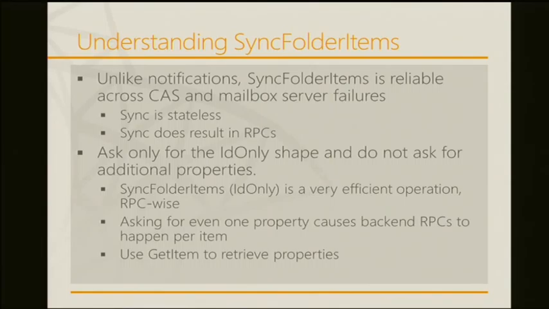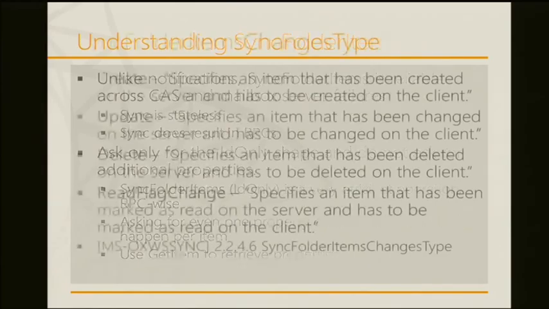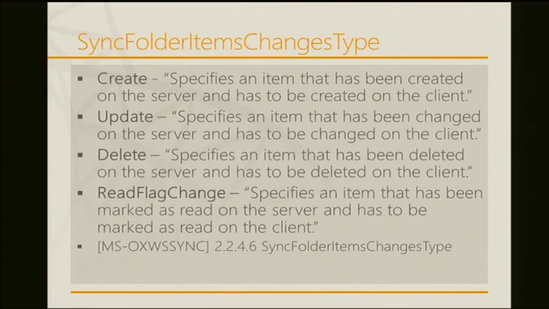You may have to go back and do a get item request, but that's okay, considering that in some cases, when we're looking at the events that we get back, we have events like read flag change or delete that we may not do a subsequent get item for. So we don't want to pay the penalty of doing that RPC unless we really need the information. It might also be a situation where we've done an update, and we know we've done the update.